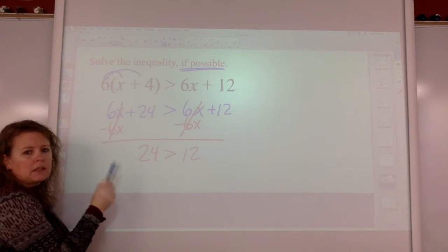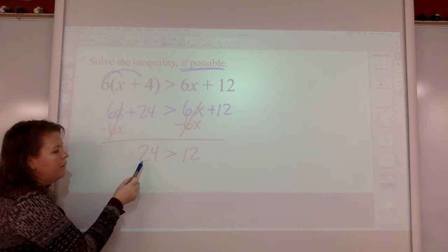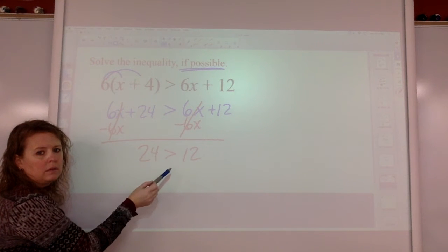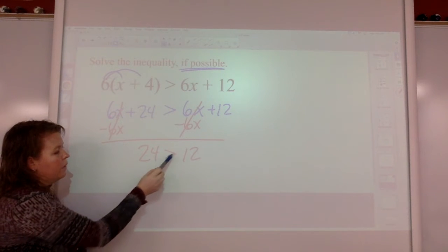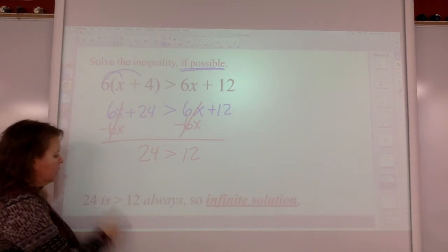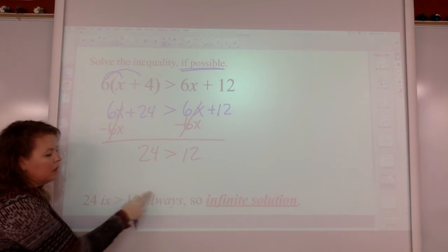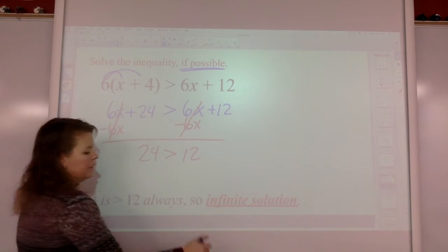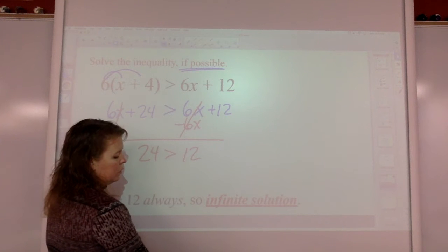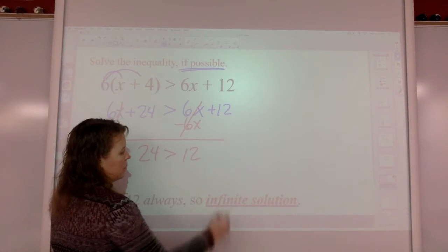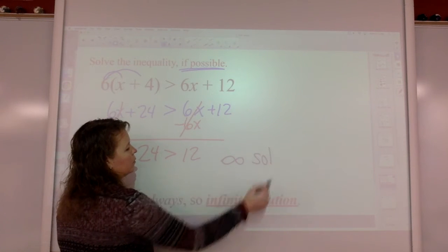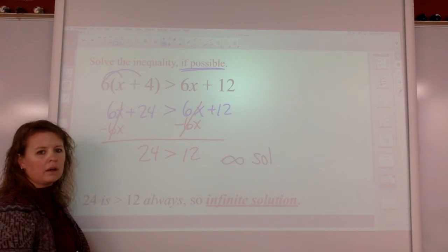We have to translate this into English. 24 is greater than 12. It tells me that 24 is greater than 12, which is always true. Always, no matter what. So your answer to this is infinite solution, which you can abbreviate to SOL instead of writing out the whole word.